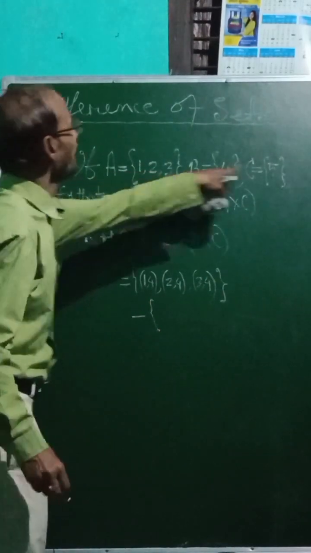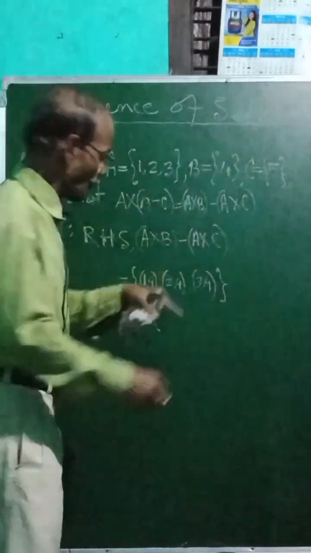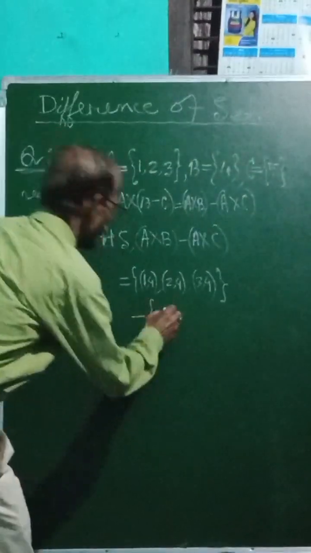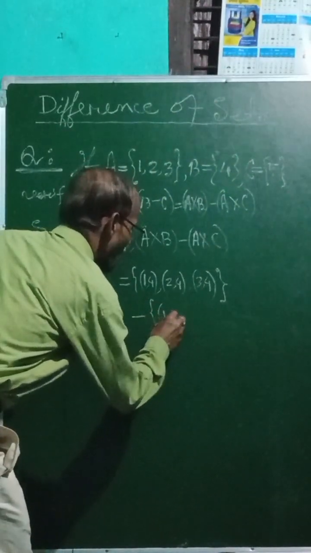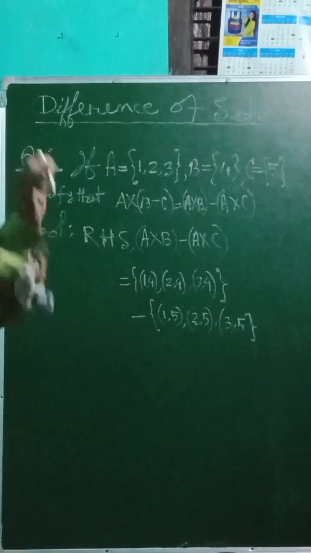A is {1, 2, 3} and C is, instead of 4, it is 5. So {(1, 5), (2, 5), (3, 5)}.